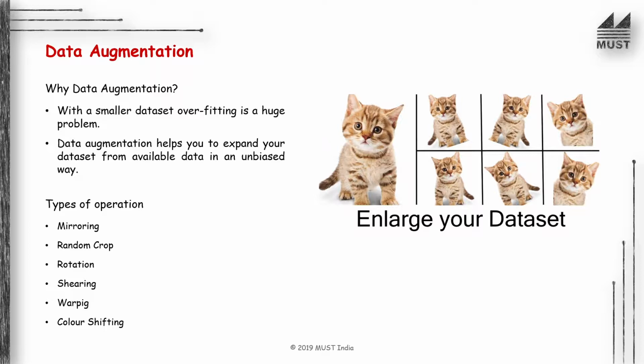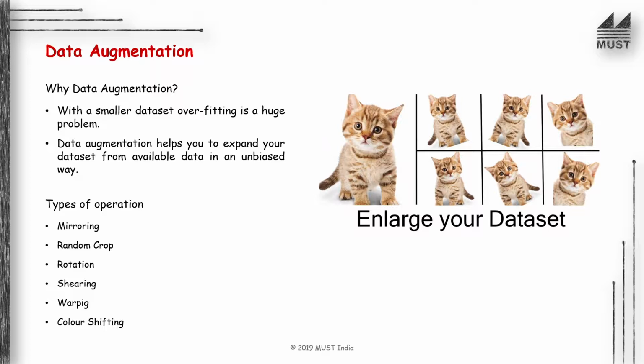So you're not adding bias for that particular cat figure. It's like looking at your cat from different angles, from different postures. So it helps your algorithm to improve the confidence as well, because you're giving all sorts of overview for that particular object or the image.